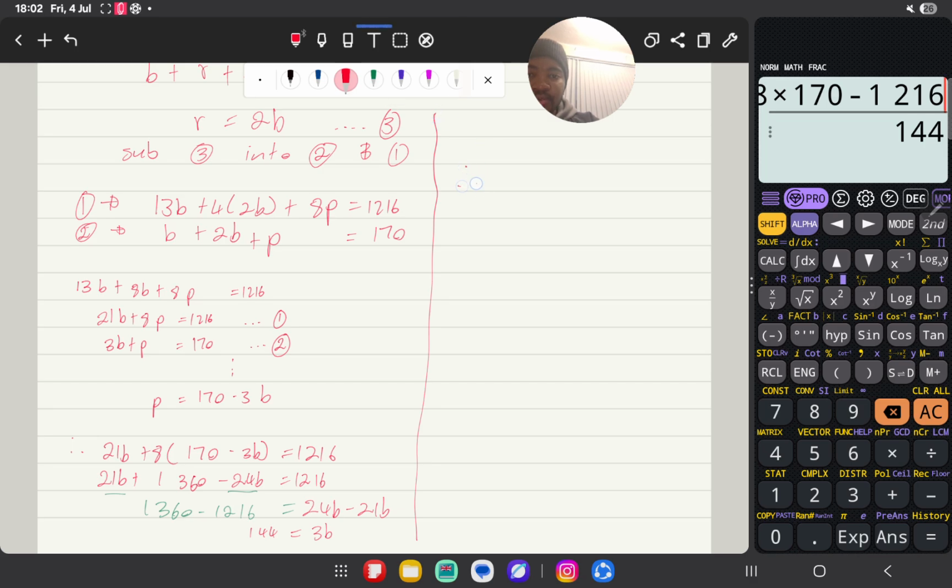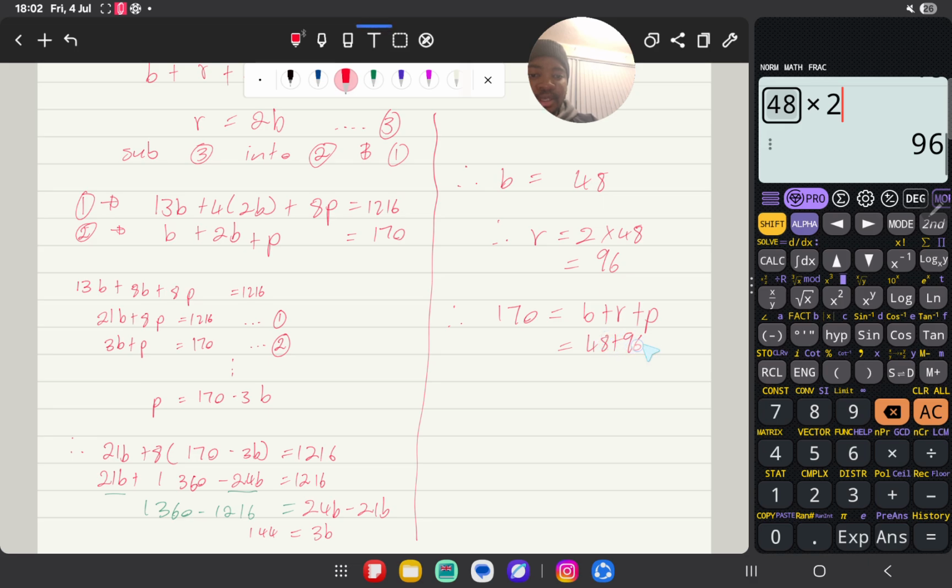Then you can say therefore B equals 144 divided by 3, which equals 48. And therefore R equals 2 times 48, which is 96.